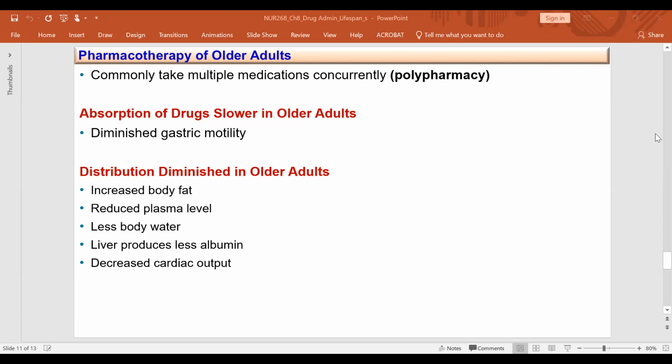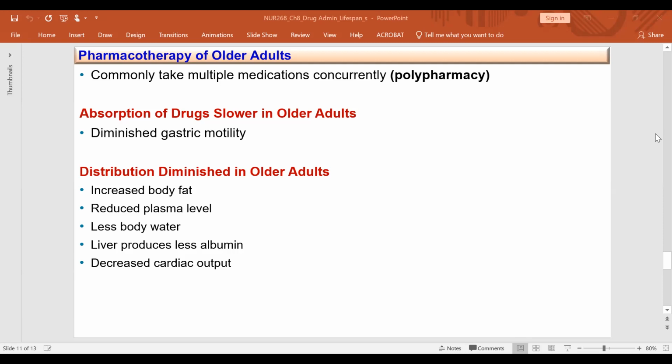And under distribution, there will be a decrease in lean body mass and an increase in the percentage of body fat, which is the storage depot for lipid-soluble drugs.